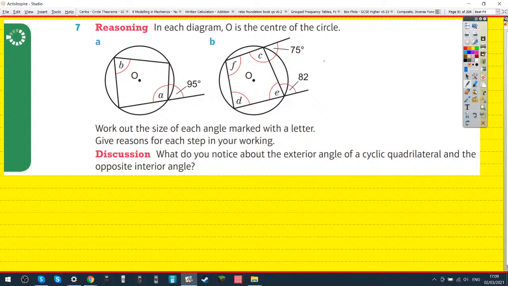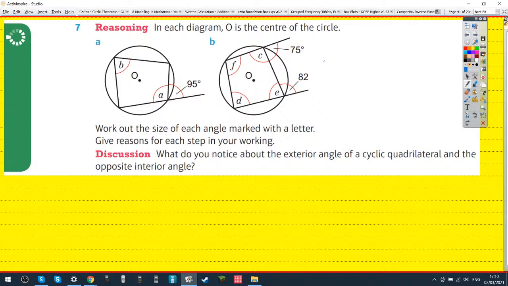Okay, let's try this. Okay. We got the size for each angle marked with a letter. So the other side of A is 95 degrees.